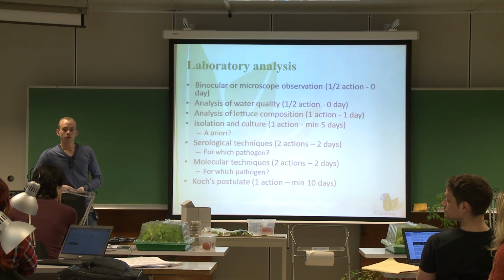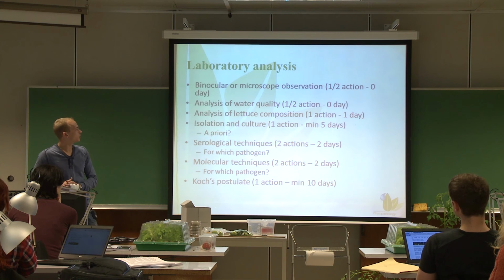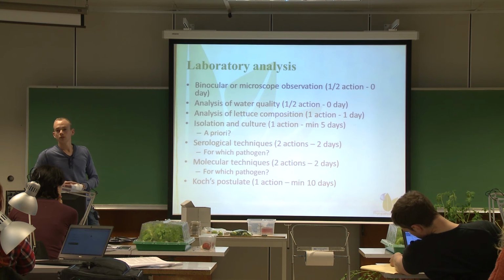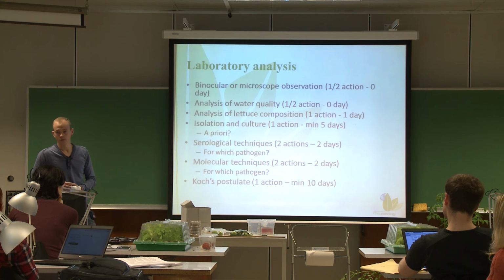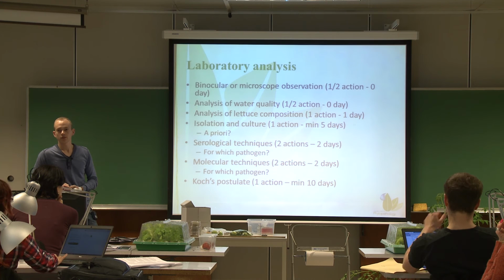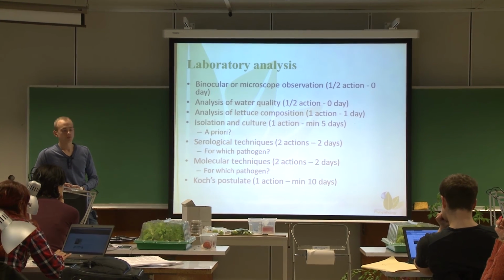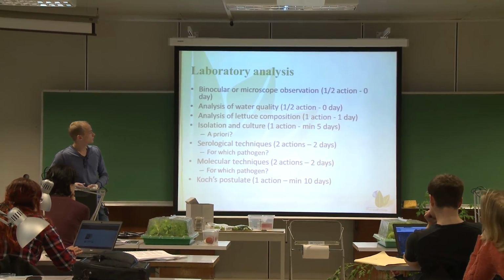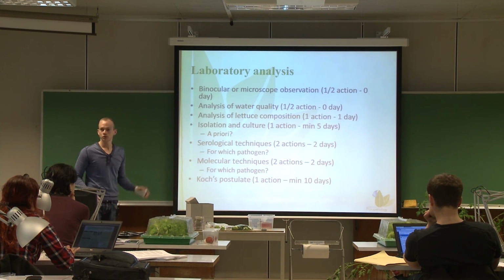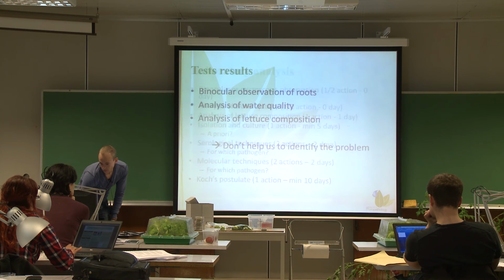Yeah, if it's a fungus, we can easily do a binocular or microscope observation. It's not a lot of cost or time. Isolation and culture, that's easy and relatively fast. So yes, okay, we can check all the laboratory analyses.